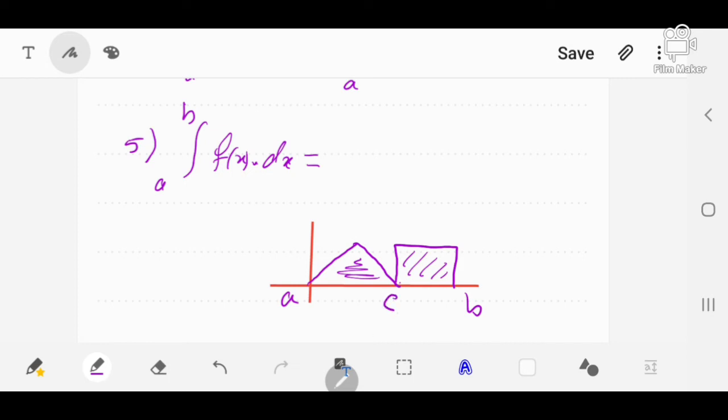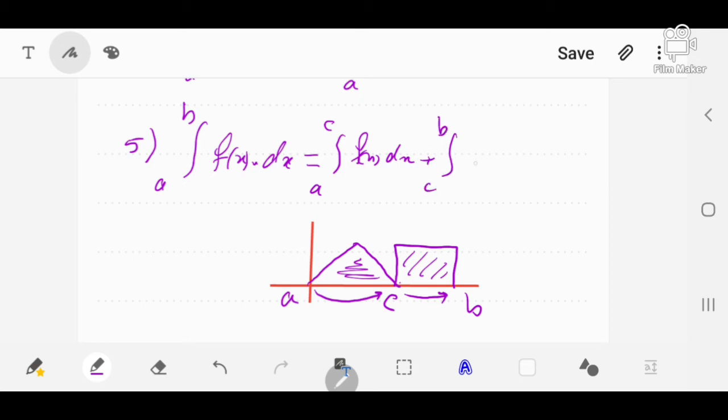So the integration from A to B of f of x dx would be equal to the integration from A to C plus the integration from C to B. So this can simply be written as the integration from A to C of f of x dx plus the integration from C to B of f of x dx. What does this mean?